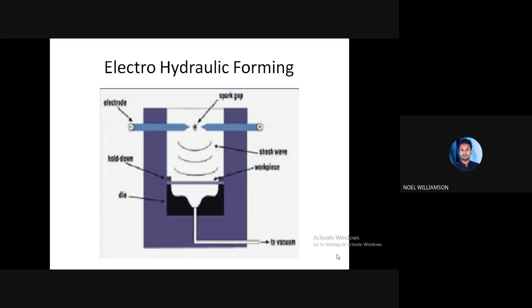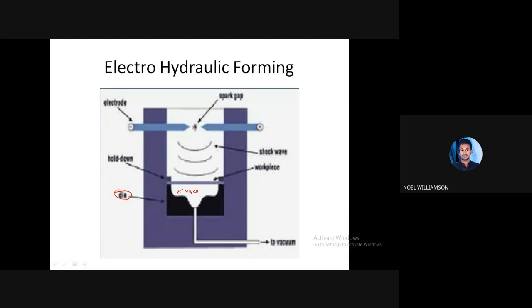While in the case of electrohydraulic forming, we can see here, this was the figure, and this is the particular die. The black color, you can see the die, and here is a portion where it is evacuated and the vacuum is generated.